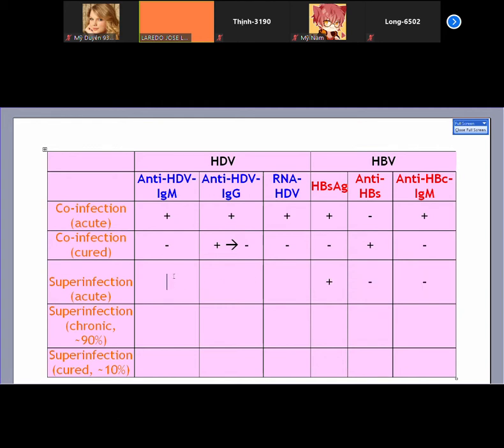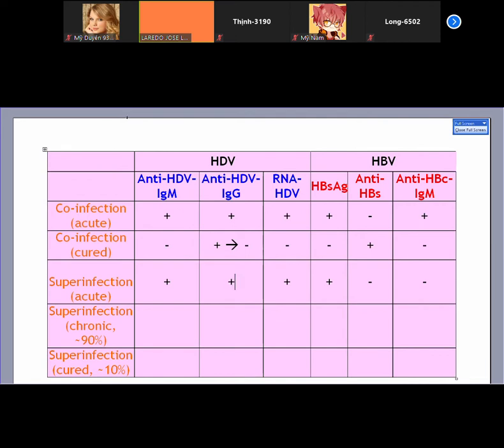So what about the markers of hepatitis D? The RNA is found in blood because the patient is infected right now with hepatitis D and the virus is replicating. What about IgM? The IgM is also positive because the patient is infected right now with hepatitis D. And the IgG, when the patient comes to the hospital, the IgG is also positive.